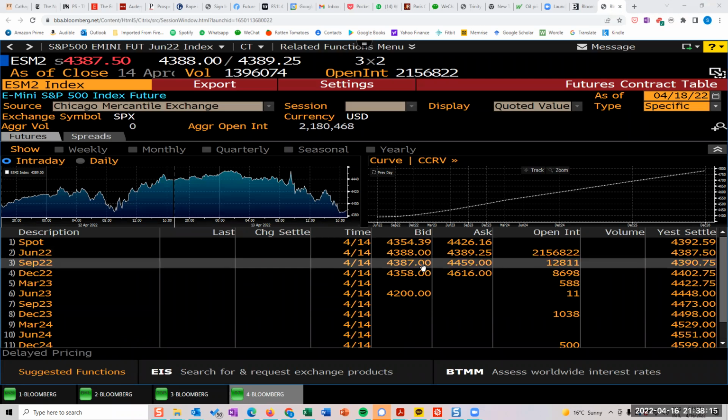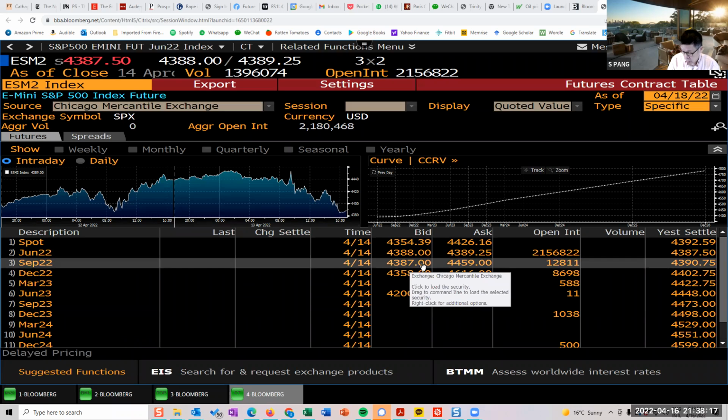The September contract, 4,387. So you can see it's practically flat, which means that the interest differential minus any dividends you may have, the sum total, is practically 0. So it's very flat there.